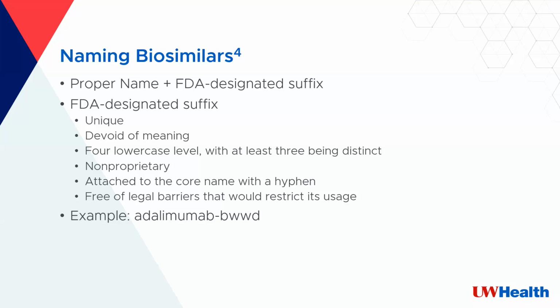It's also important to point out, though, that biosimilar products, unlike generics, can also have a brand name. So you don't necessarily need to call it adalimumab-bwwd. It'll likely have a brand name associated with it too that'll be more catchy for people to remember. It's just the scientific portion that's assigned to them by the FDA.